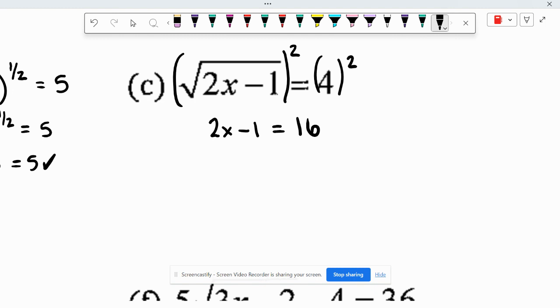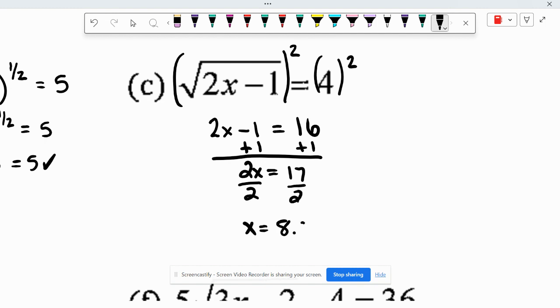Trying to solve for x, what should I do first? Plus 1 on both sides. 2x equals 17. Last step, divide both sides by 2. x equals 8.5.